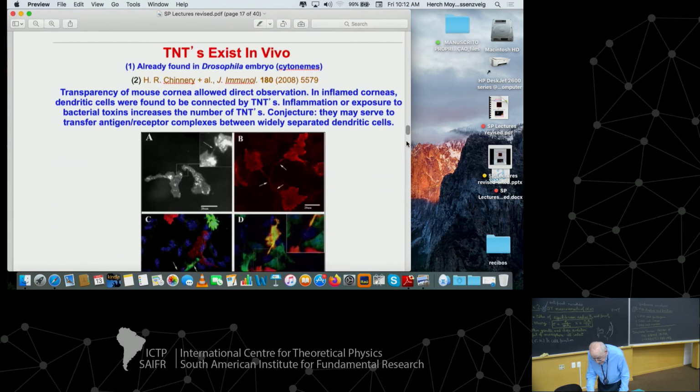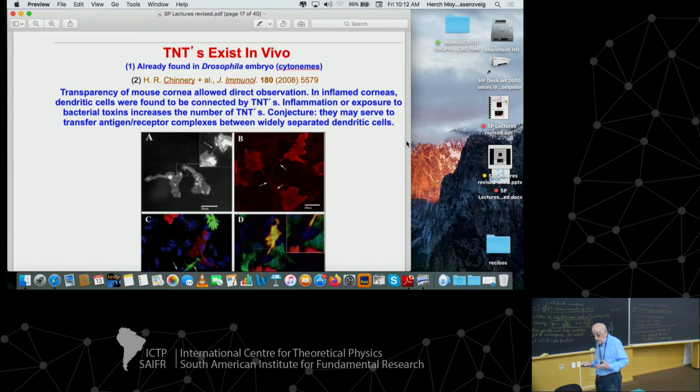The next very interesting paper was to show, because all of these essentially were done in the laboratory, that they exist in vivo.